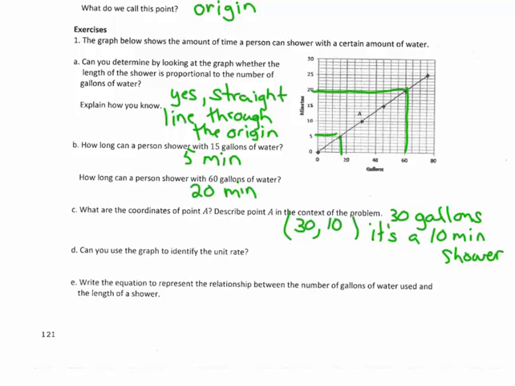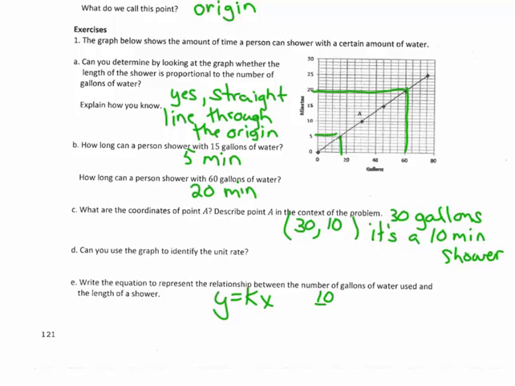You could. This one would be a little hard to read since 1 isn't exactly on the graph, because we're counting by 5s. But I can at least figure it out from the other part, because then it says write the equation to represent the relationship between the number of gallons used and the length of the shower. So we take any one of our points and write it as a fraction. Remember our general form, y equals kx. k is always y over x.